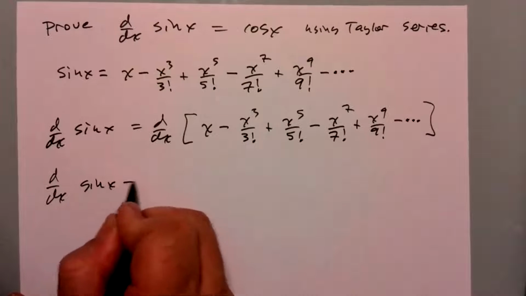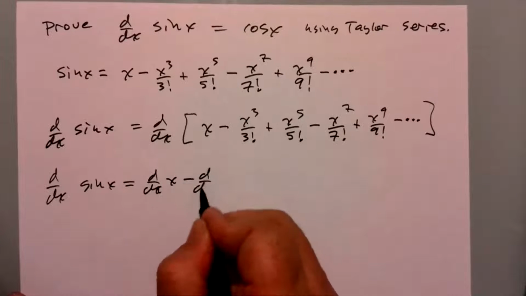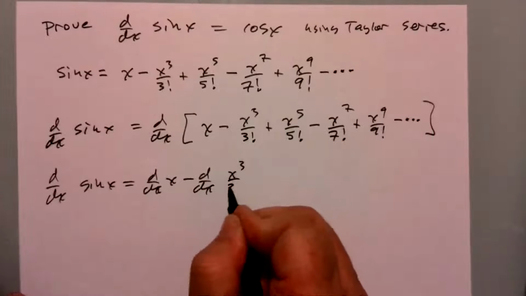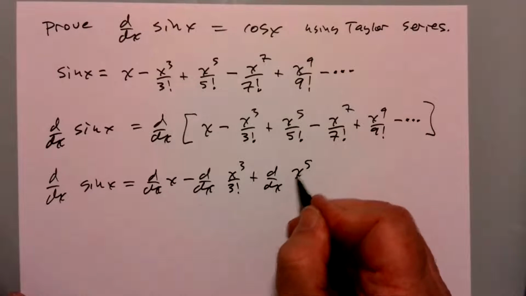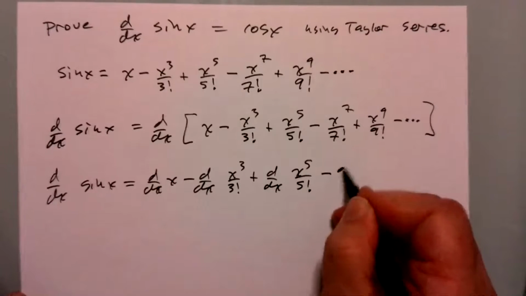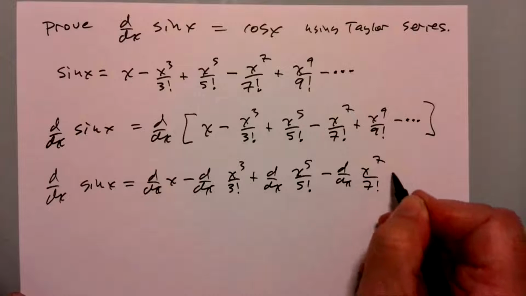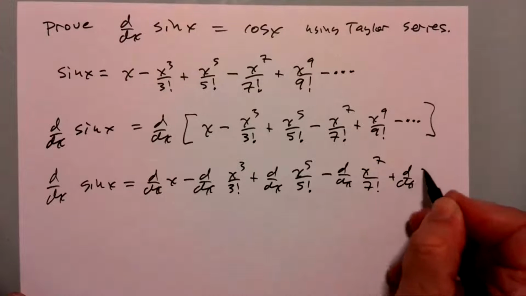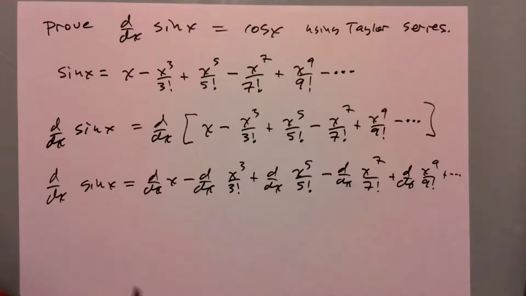So we get the derivative of sine x is the derivative of x minus the derivative of x cubed over 3 factorial plus the derivative of x to the 5th over 5 factorial minus the derivative of x to the 7th over 7 factorial plus the derivative of x to the 9th over 9 factorial plus dot, dot, dot. So what do I get?